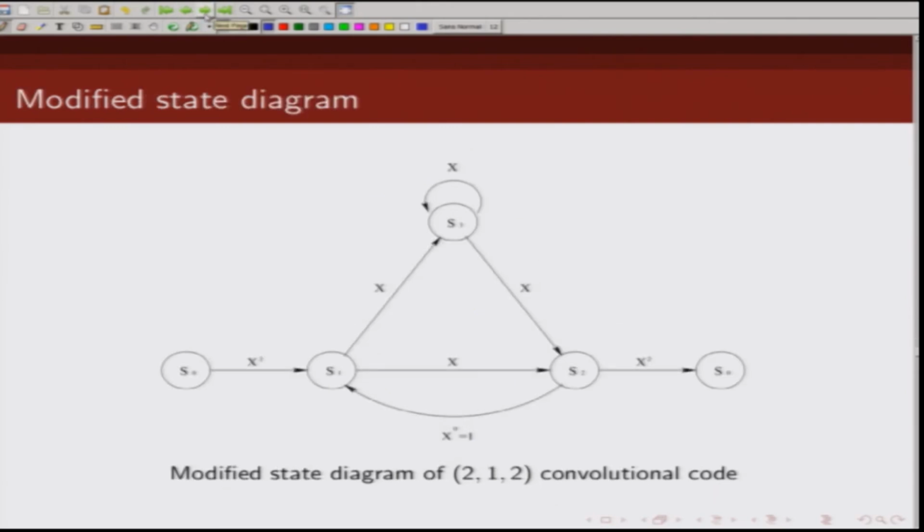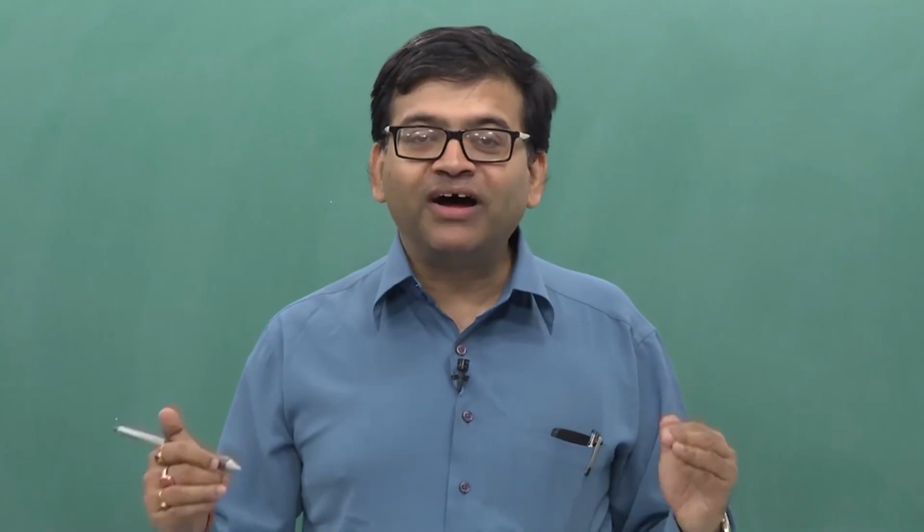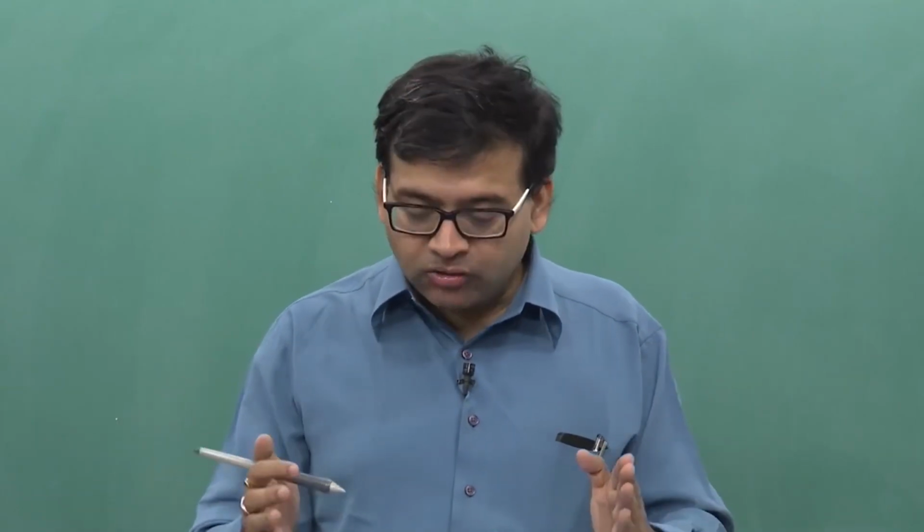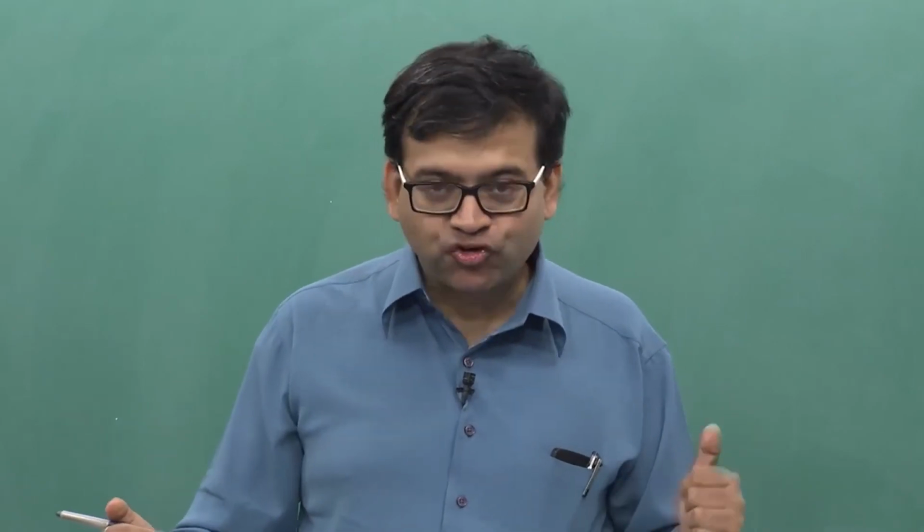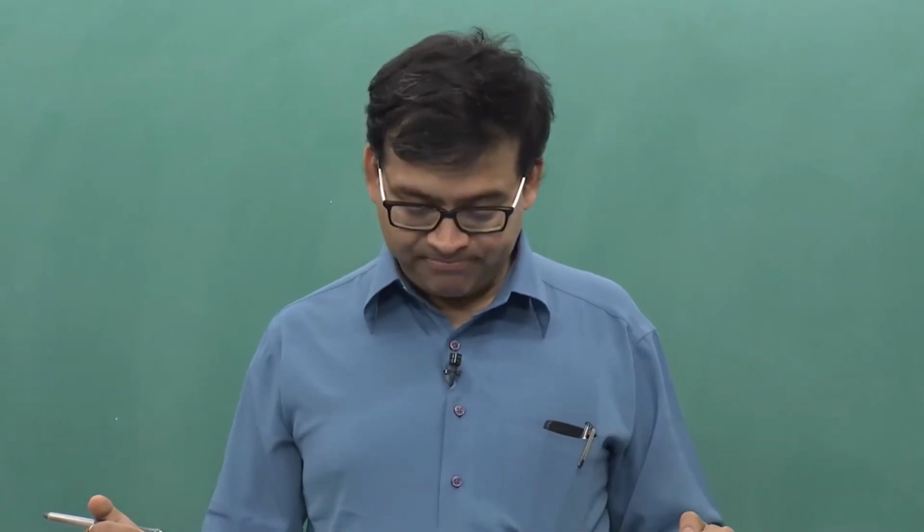So, this is my loop around 11 which has weight x. Like that we modified the state diagram, and this is how our modified state diagram of the rate 1 by 2 convolutional code looks like.